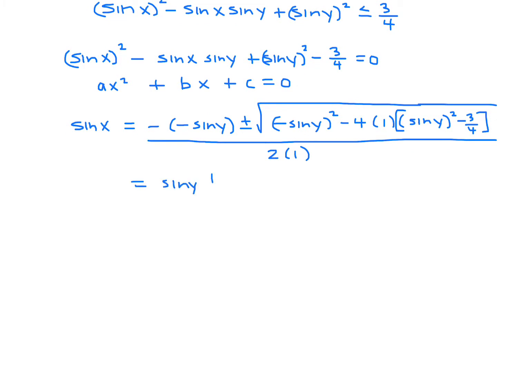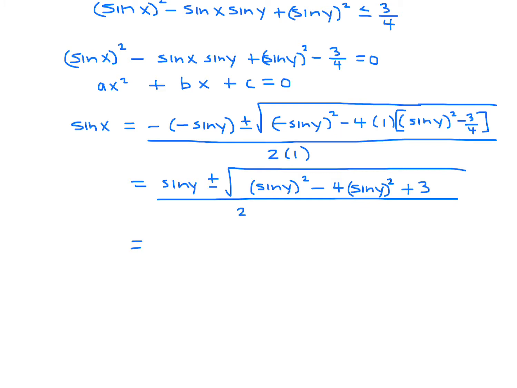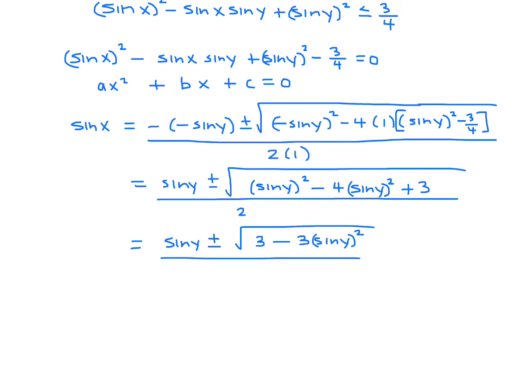This becomes sine of y plus or minus, under the square root sign, we've got sine of y all squared minus 4 times the sine of y squared plus 3 all over 2. So this simplifies further. Sine y plus or minus the square root of 3 minus 3 sine of y squared, all over 2. Now at this point, I'll put on the side here something that I hope you remember.